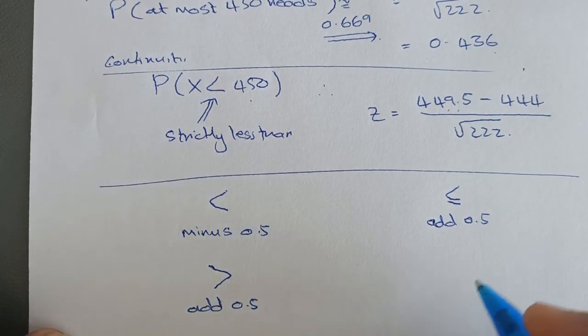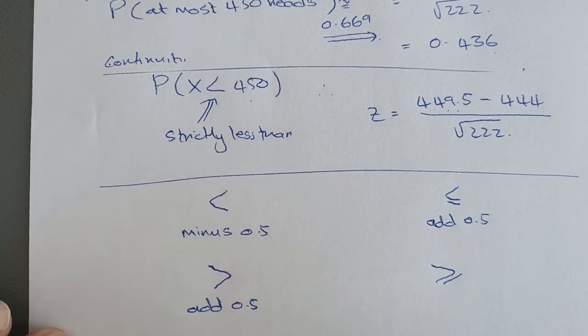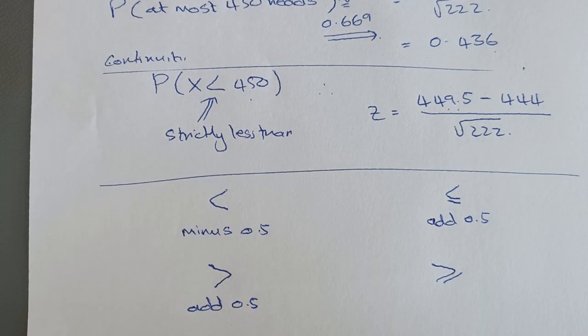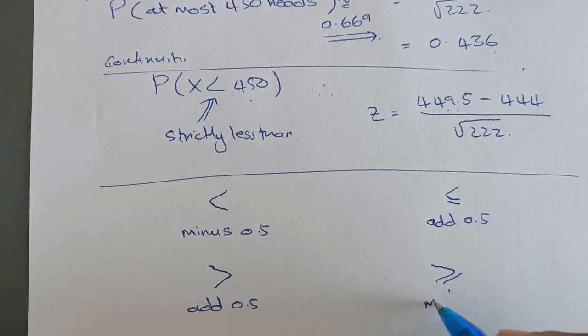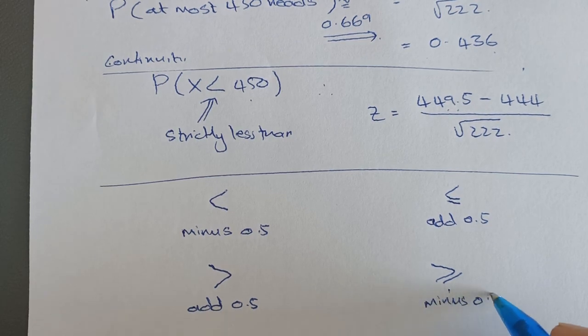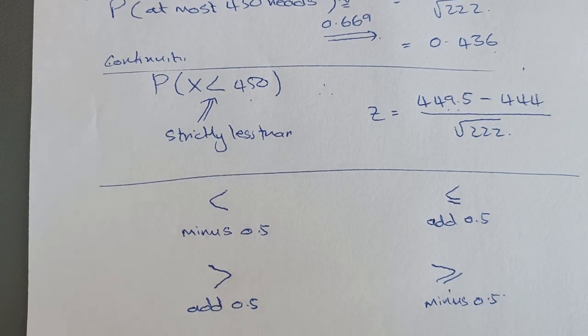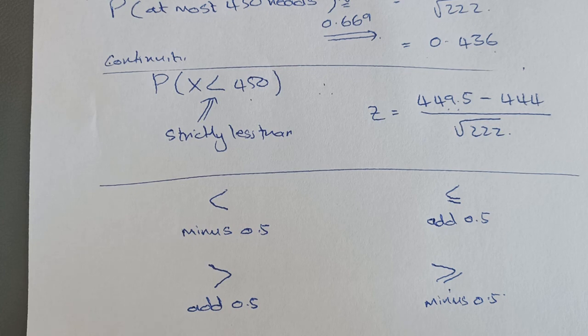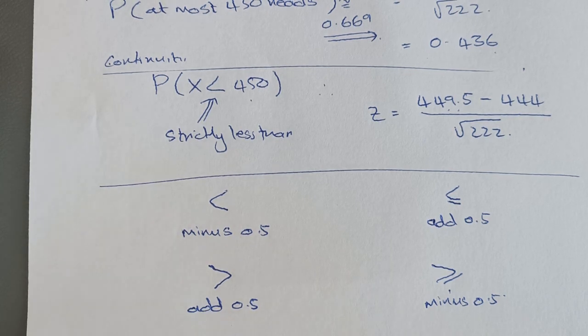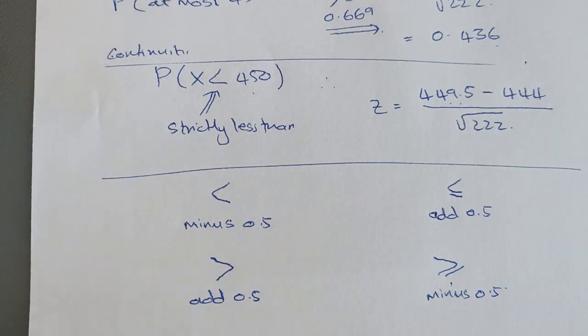And if it's greater than or equal to, that means that you have to make sure that it is including the number, and in this case you would minus 0.5. So if it's greater than or equal to, then you would minus 0.5. Okay, that's a hypothetical example of scenarios of how you would calculate it.